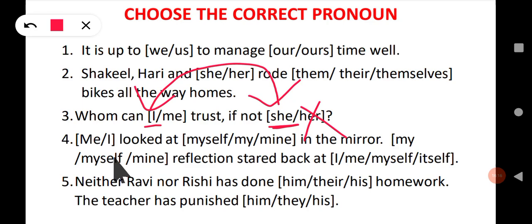Me and her, these two are object pronouns. Here this combination is perfect. But if you look at this statement, whom can I trust if not she? I'm trying to compare the subjects here, not the subject with object. So we have to go with she, not her. Okay. Next one.